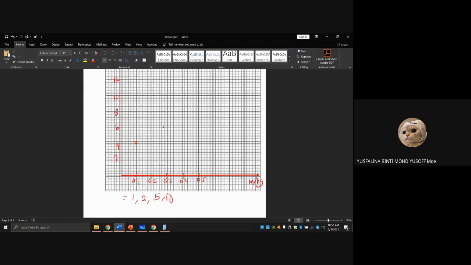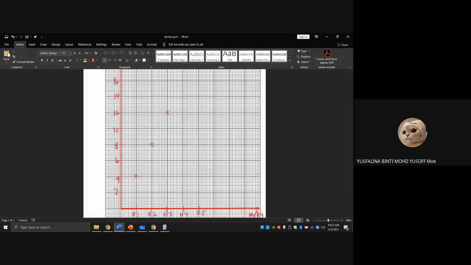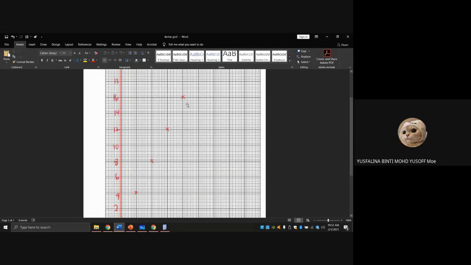Use this mark. 0.2 is 8, and then 0.3 is 12, and then 0.4 is 16, and the last, 0.5, is 20.